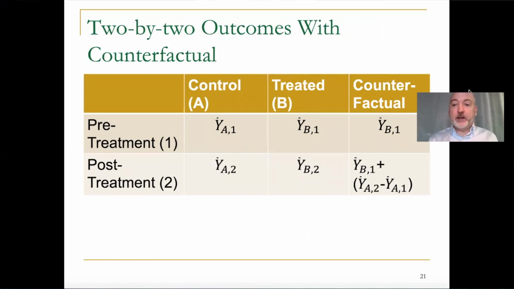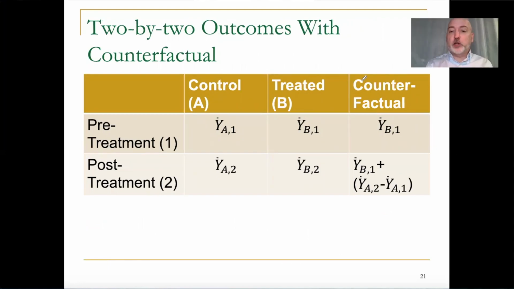So we can add effectively a third column here to our original 2x2 outcomes. And the third column is our assumptions, right? The counterfactual path of the treatment group. So the assumption is that, right, we're starting in the same place, but rather than getting to where they actually end up after experiencing treatment, let's say they experience the same growth as the control group.